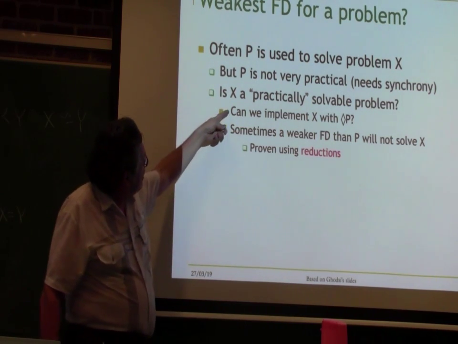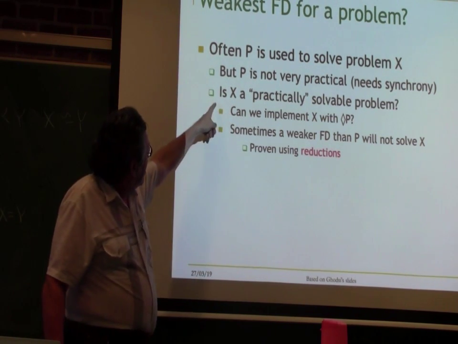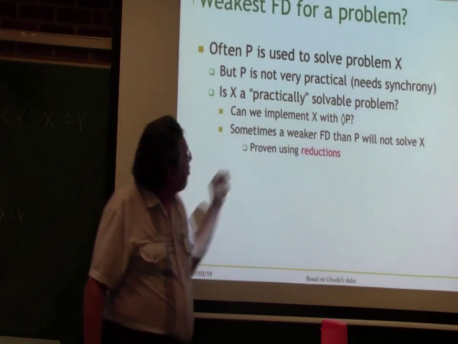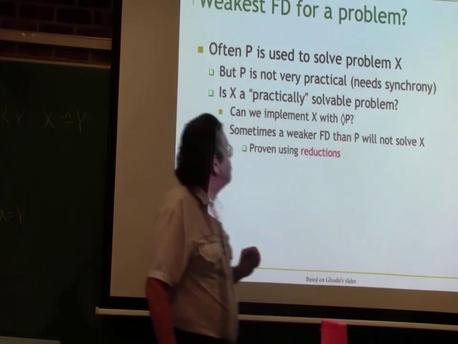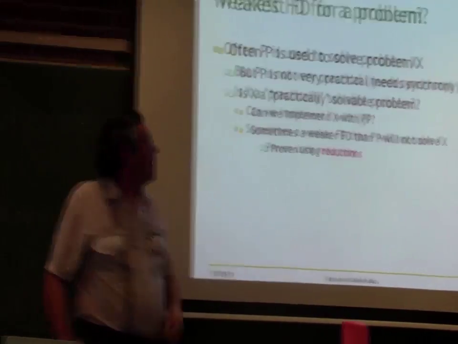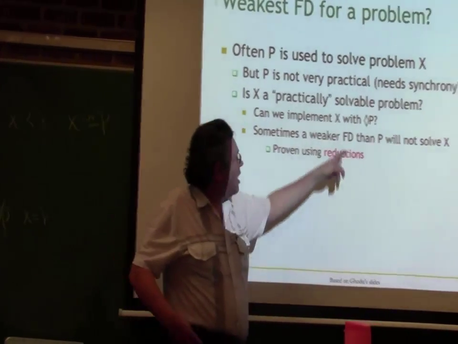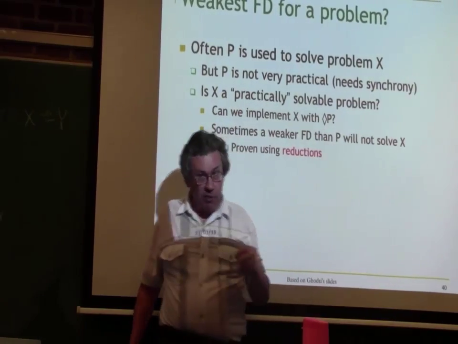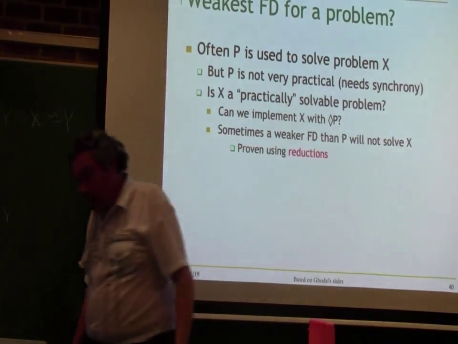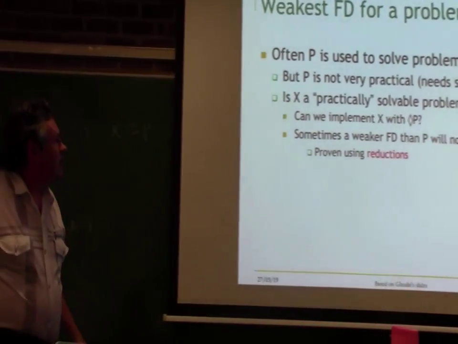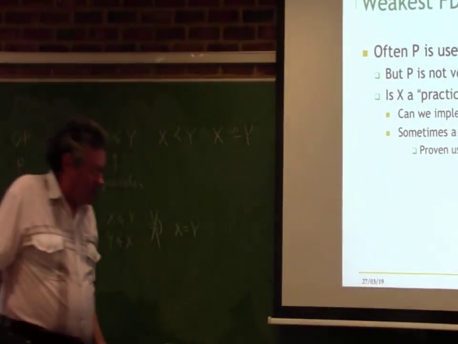So one important question to see whether X is practical is: can we implement X with eventually P? Sometimes it's not possible. Sometimes it is. Eventually P is strictly weaker than P. Can we implement X with eventually P?